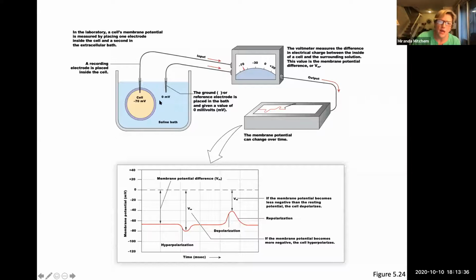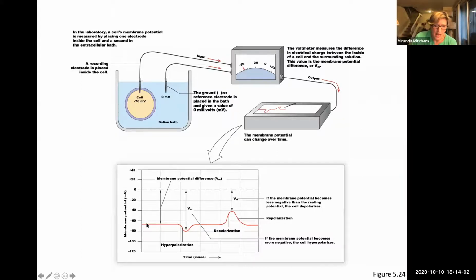So the bath is set at 0, and then the cell is at minus 70. The probe sends information into the voltmeter that measures the electrical current, and then it is printed in a chart recorder. And we end up with a printout that would look like this.